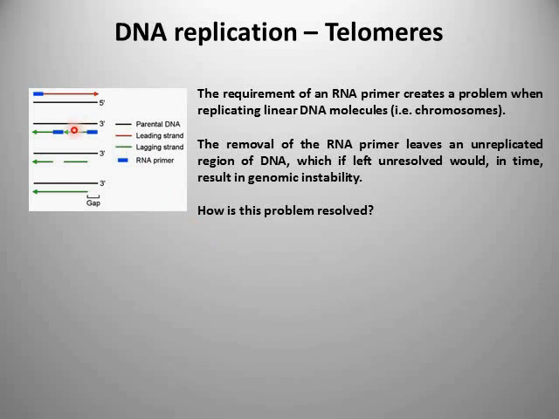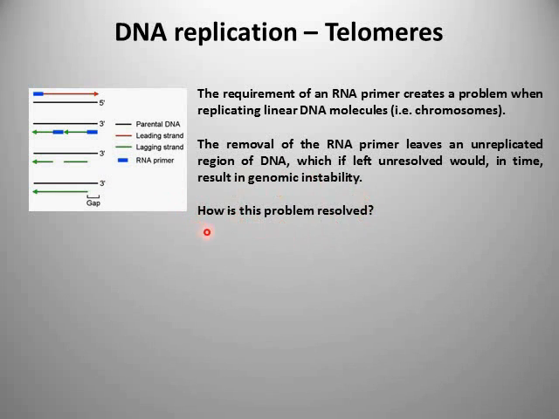If you always require an RNA primer to be placed down in order to produce an Okazaki fragment, eventually you're going to get to a point where you can't copy the very end of the DNA sequence, because there's no DNA sequence here for which an RNA primer can anneal to allow synthesis of the complementary region. It's impossible to copy this last bit of the 3' end of the DNA chromosome.